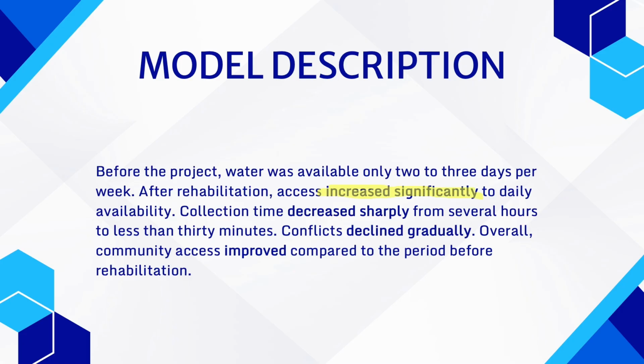Access went up by a large amount. So after rehabilitation, access increased significantly to daily availability. So that means you started with 2 to 3 days per week, and then you ended with daily availability. So that means the change from water only 2 or 3 days of 7 days to water every day.